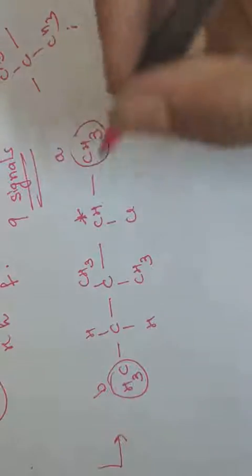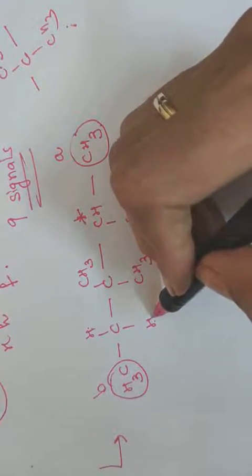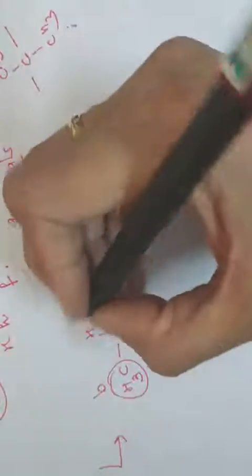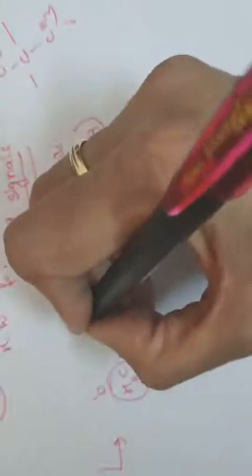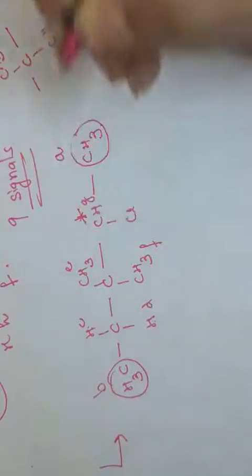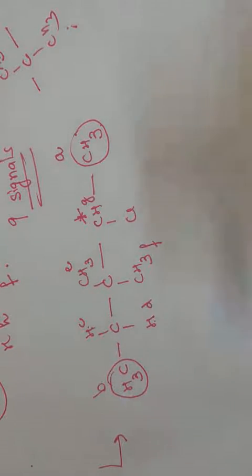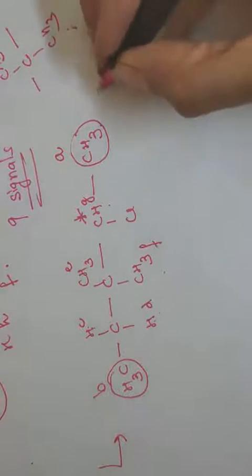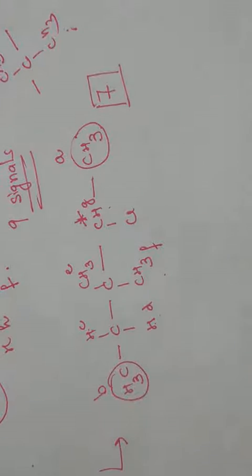Now you have to decide whether these 2 protons are enantiotopic or diastereotopic. Since a chiral center is present, these 2 protons will be diastereotopic. A, B, C, D, E, F, G. This methyl group and this methyl group will be different from each other. So how many signals? 1, 2, 3, 4, 5, 6 and 1, 7. 7 signals will be there in the NMR spectrum.